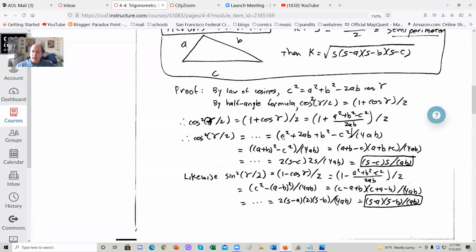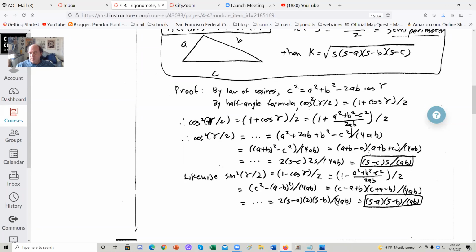And then a squared plus 2ab plus b squared is a plus b squared. So there'll be a plus b all squared minus c squared over 4ab. And this is a difference of squares that factors into a difference times a sum: a plus b minus c times a plus b plus c, all of that over 4ab.